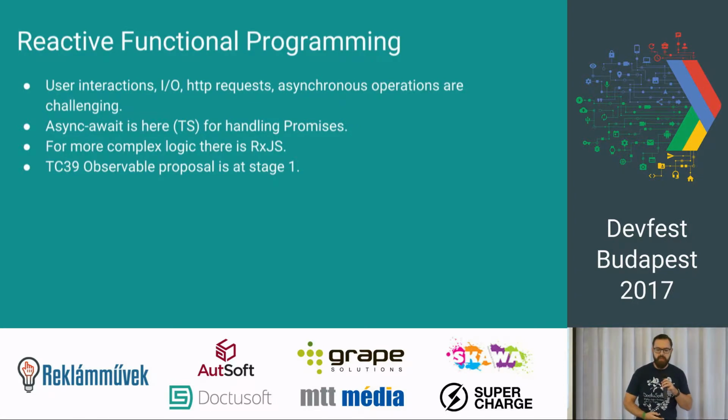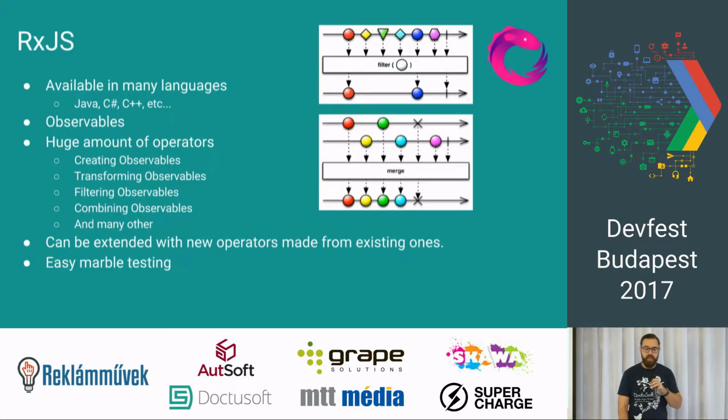I mean, Netflix uses React, Redux, of course, and RxJS to stream video. Actually, RxJS is coming to JavaScript, maybe. There is a proposal for that, but it's at a very early stage, so there may be some time before it will be native.